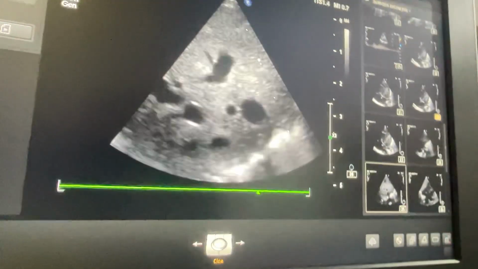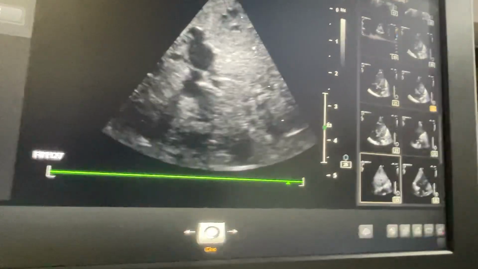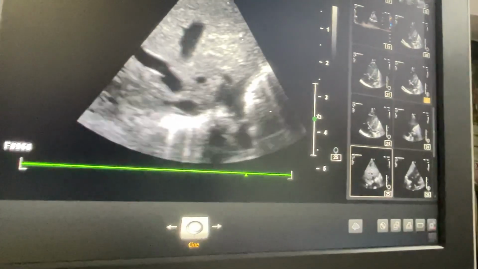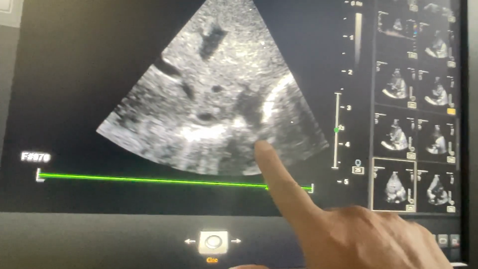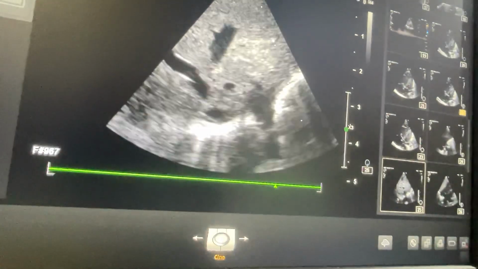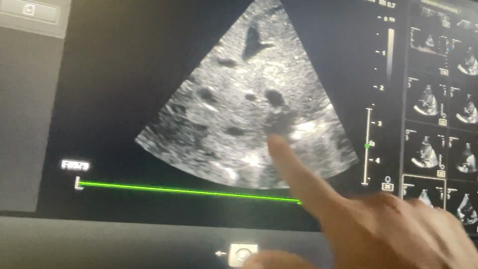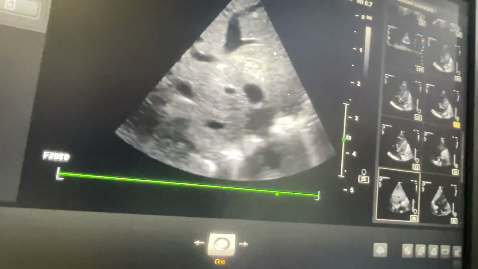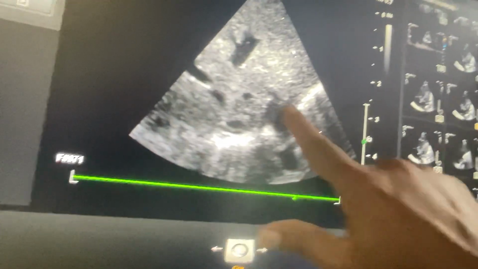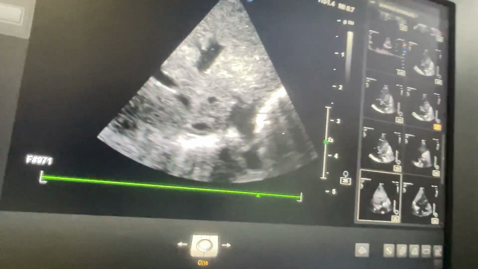So this is the aorta, this is a straight vein, this is the IVC. This portion is coming from the pulmonary venous confluence. If you trace this portion in all frames, you will find it is joining the pulmonary venous confluence.